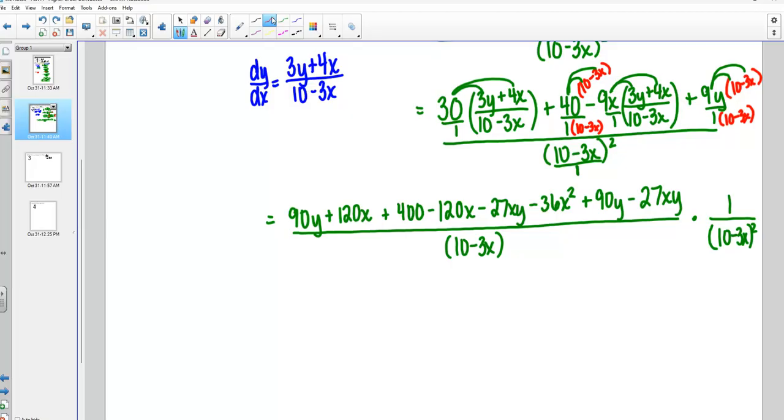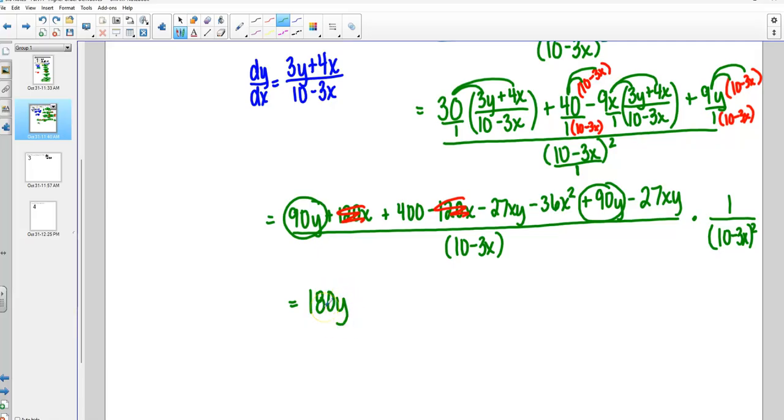All right. I got 120x and negative 120x. Those cancel. I do have a few things I can put together. I can't cancel them, but I can put them together. I got this 90y and the 90y. So that's 180y.